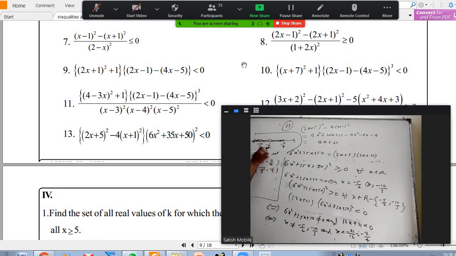Or you can write this as a union: minus infinity to minus 10 by 3, union minus 10 by 3 to minus 5 by 2, union minus 5 by 2 to minus 7 by 4. Is the union not visible?